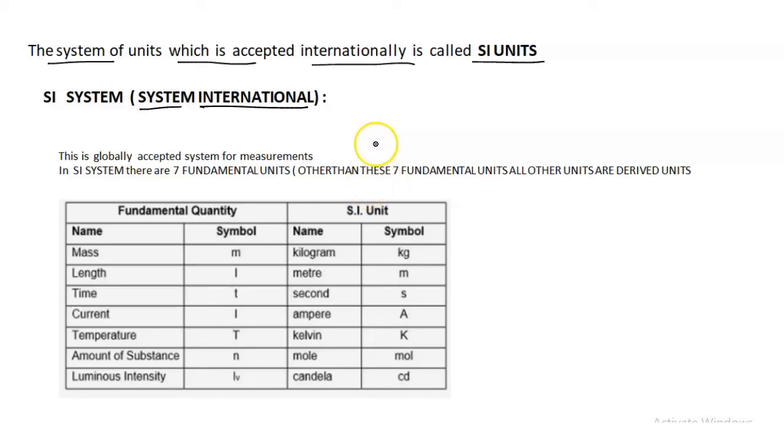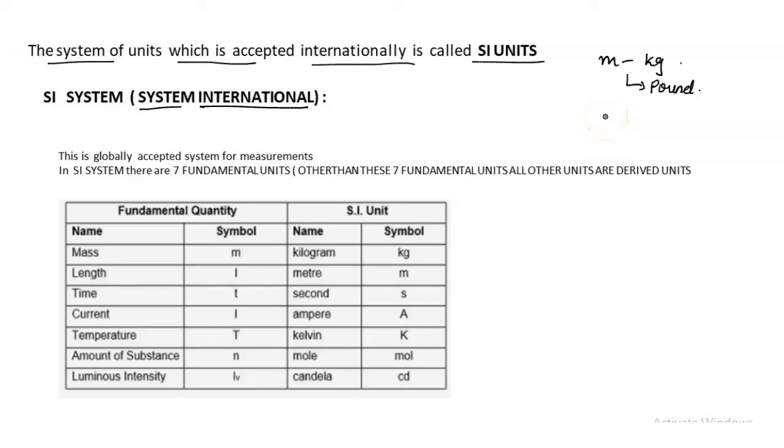For example, in some countries the unit for mass is kg, whereas in some countries the unit is pound. So here comes the confusion, right? So we need a global system for measurement.